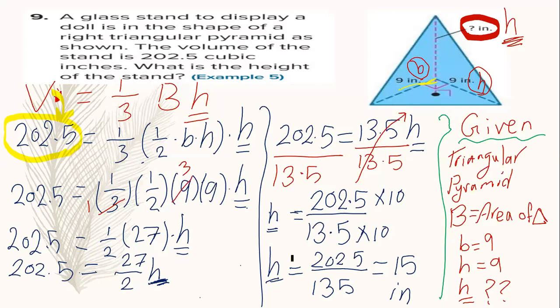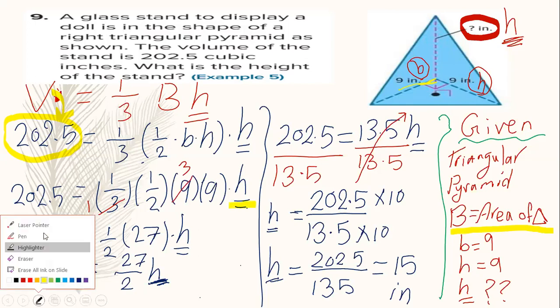What is the base again? We said the base area is the area of a triangle, whose base is 9 and height is 9, and the height of the pyramid is missing.